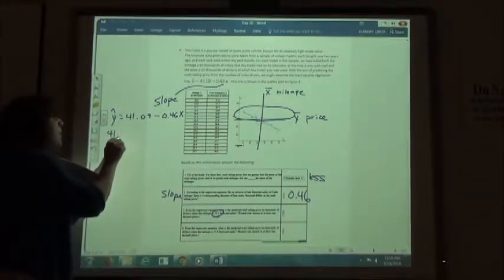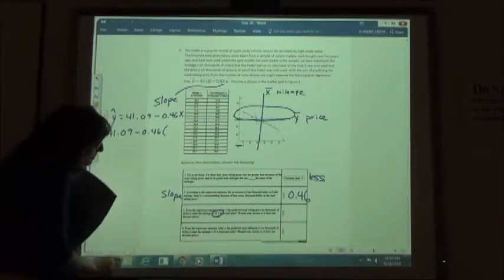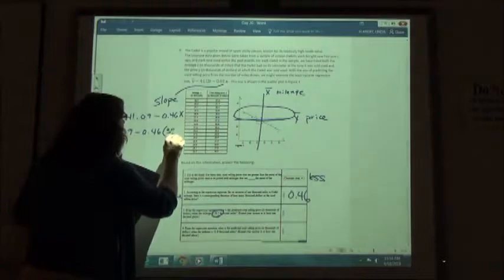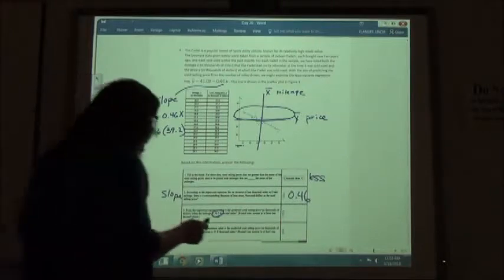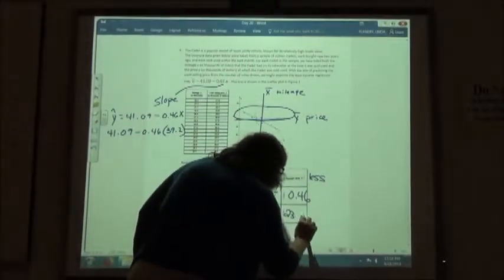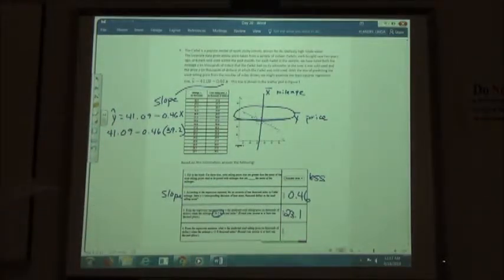So I'm going to do 41.09 minus 0.46 times 39.2, just plugging that value into my regression equation. I'm going to predict what it might be. So if I put that number in there, 41.09 minus 0.46 times 39.2, rounding to 1 decimal place, my answer would be 23.1.